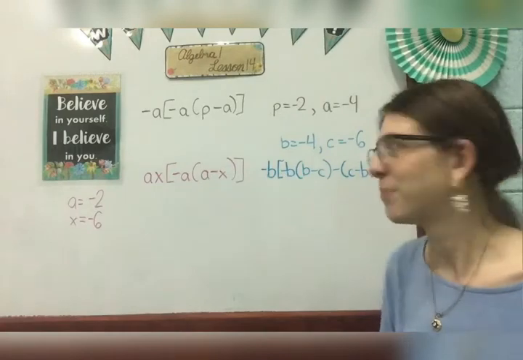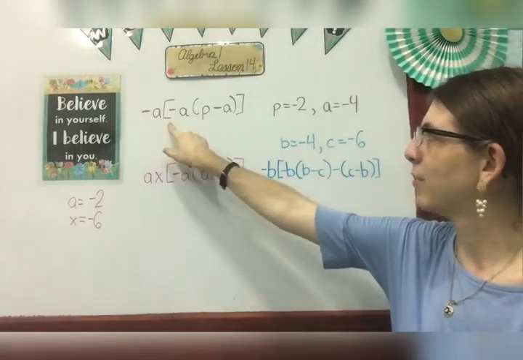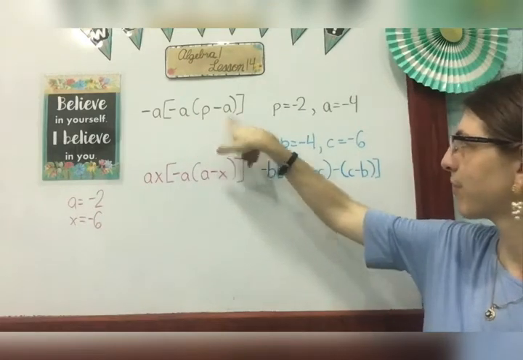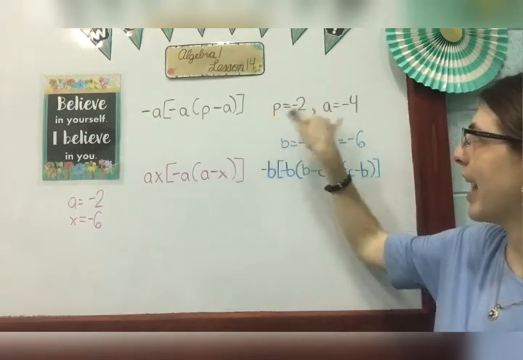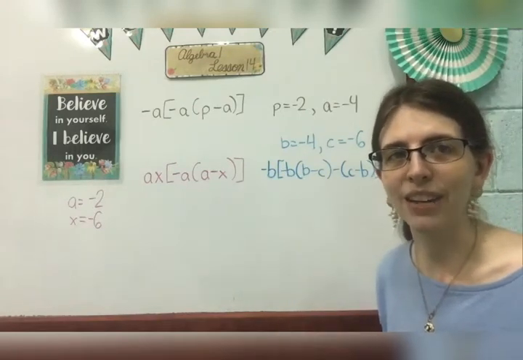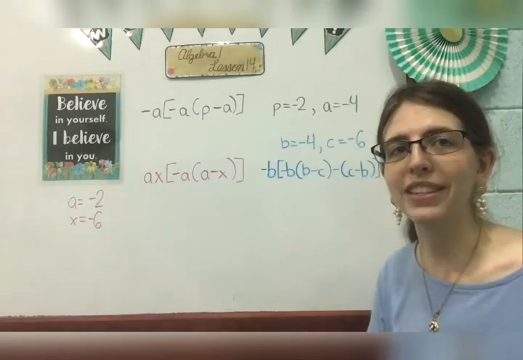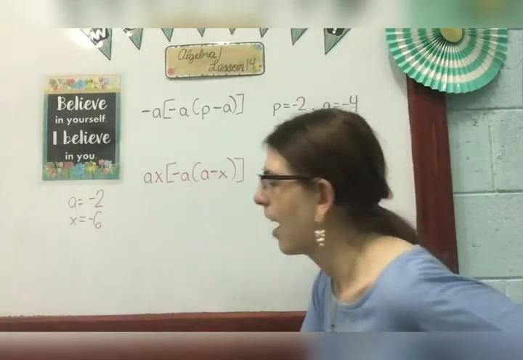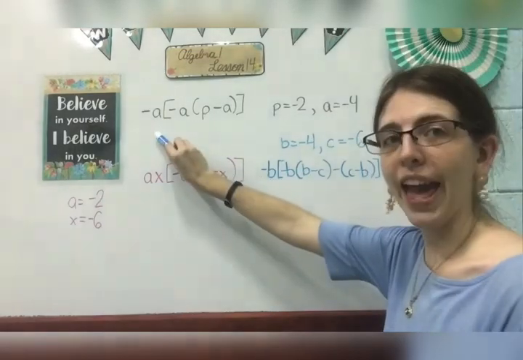Okay, so here we go. Negative a, bracket, negative a times p minus a, if p equals negative 2 and a equals negative 4. So to keep myself from losing any of my negatives, I'm going to insert parentheses with my negative numbers. So let's go for it. I have negative a.